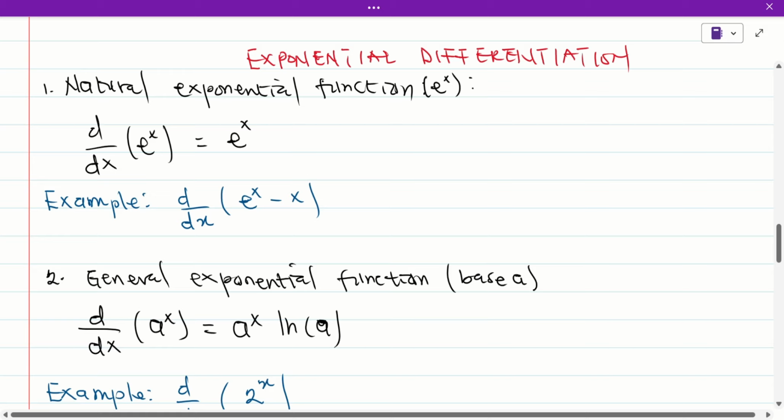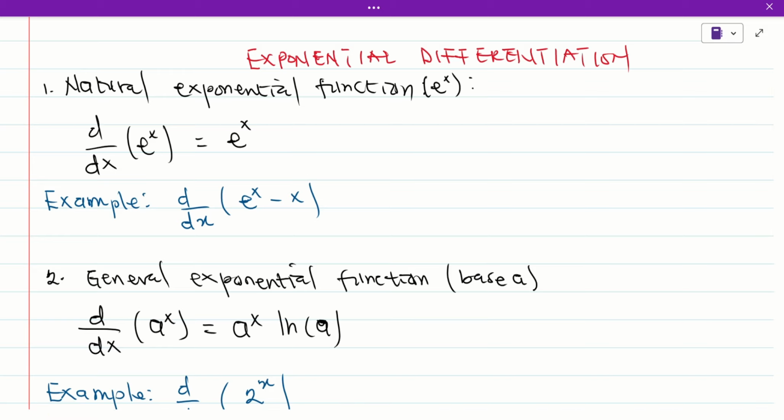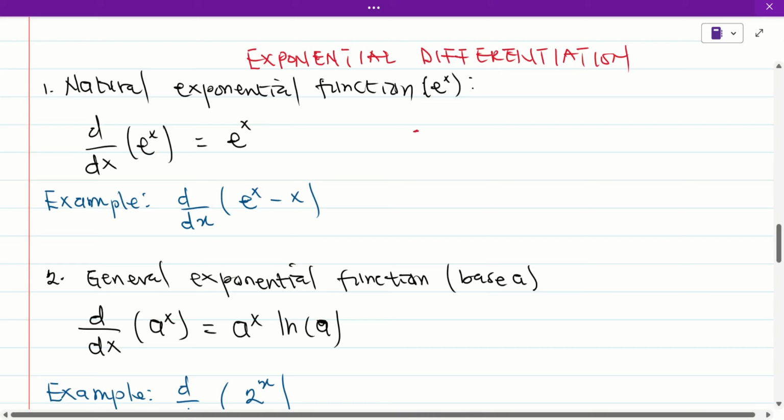Now, we also have the exponential differentiation. Under the exponential differentiation, we have the natural exponential function, e exponent x. When you differentiate e exponent x, you still get e exponent x. The reason you're going to get e exponent x back is because when you're given e exponent x to differentiate, what you do is differentiate the function that e is carrying.